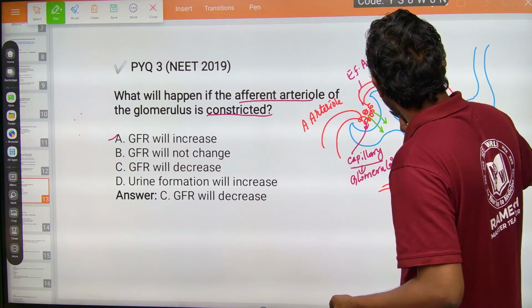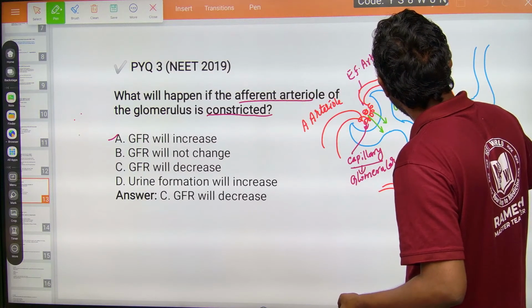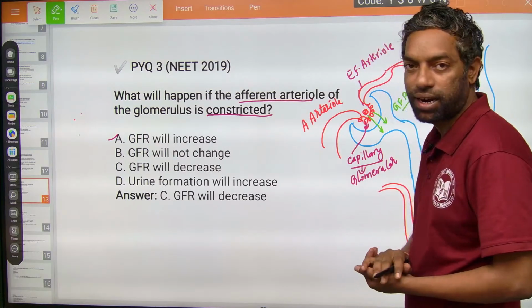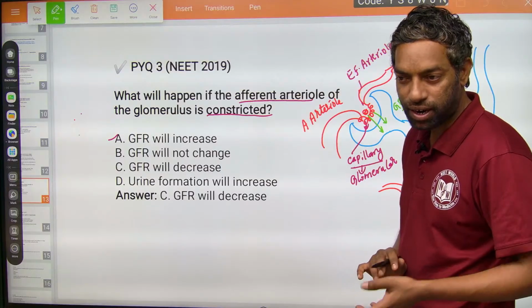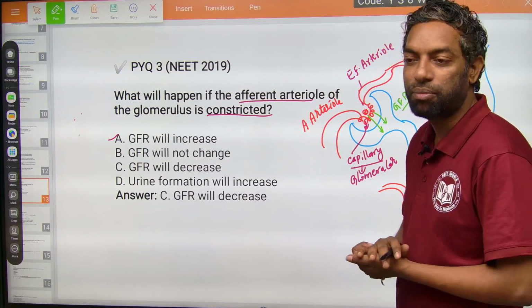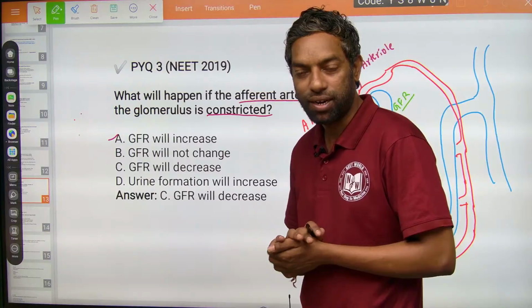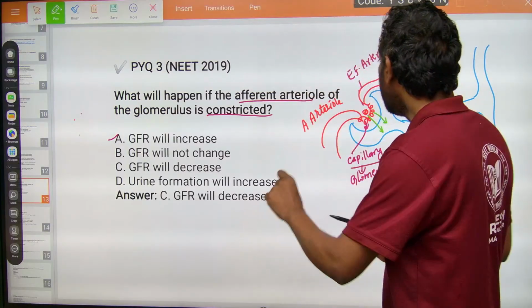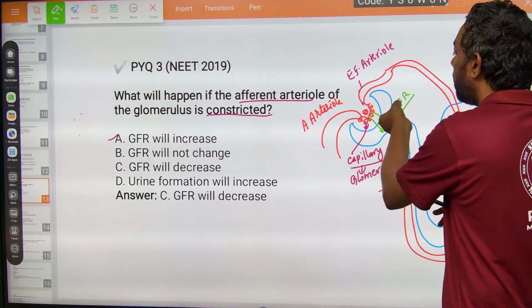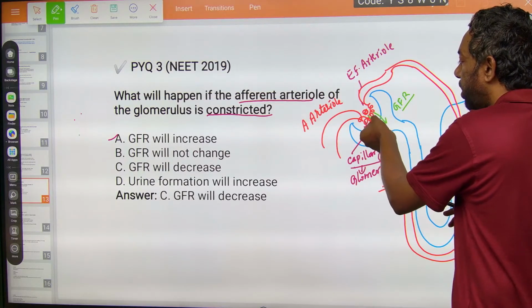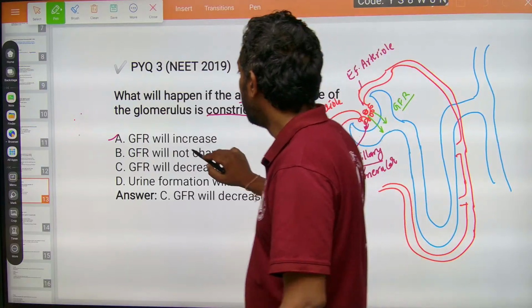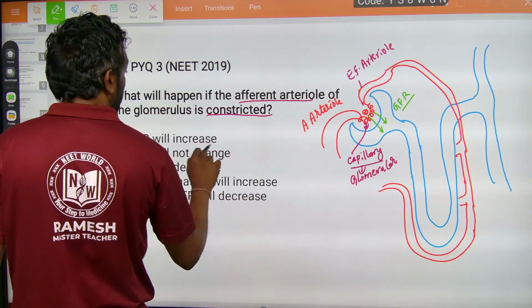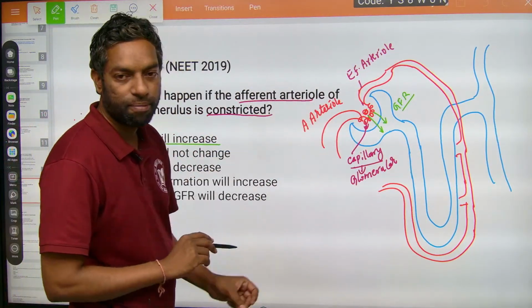The net filtration pressure is optimally 10 mmHg, right. So if any pressure is created, GFR increases. First option: GFR will increase if it is constricted.